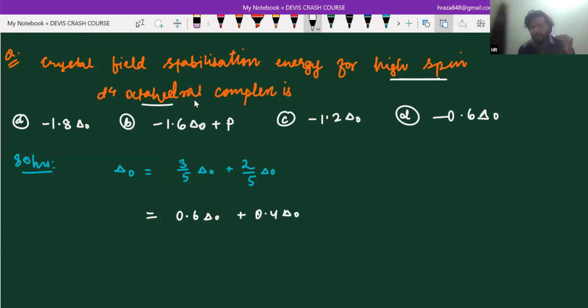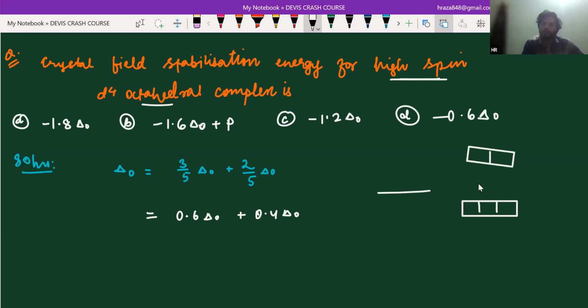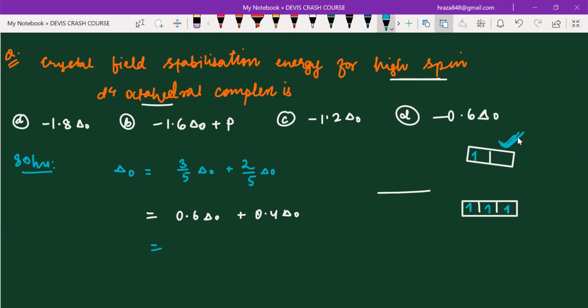That means pairing will take place or not? No pairing, weak field. So you are getting three electrons in three orbitals here and two orbitals here, and you have four electrons, that means one, two, three, four. So is this T2g or Eg? Easy, right?